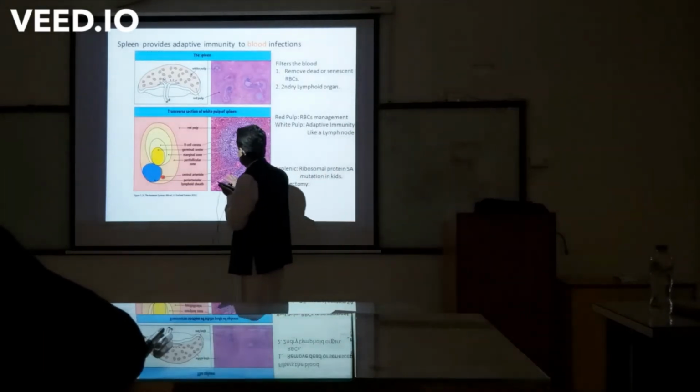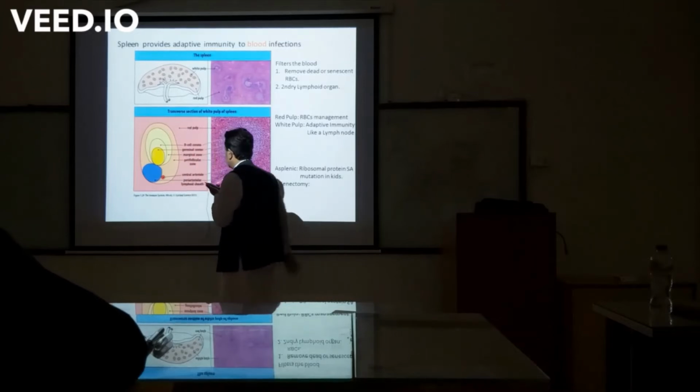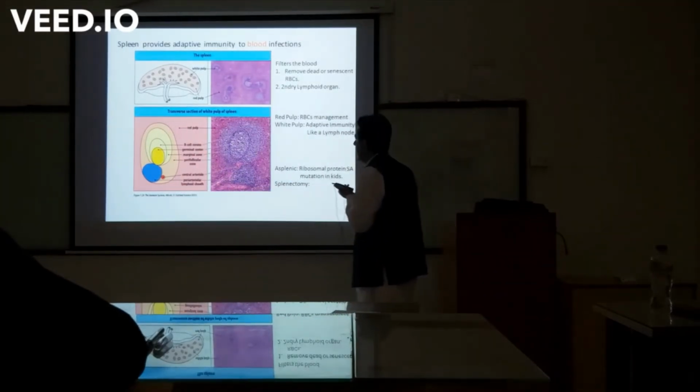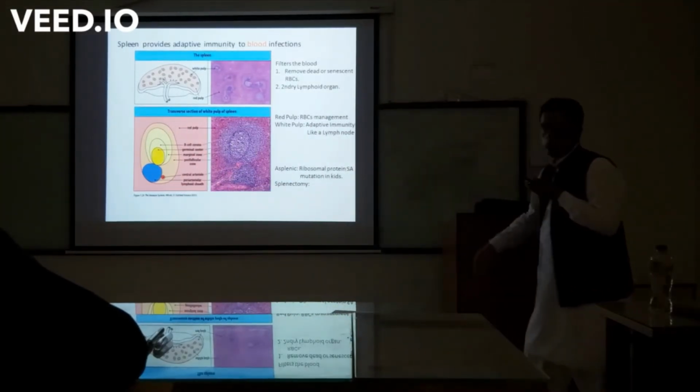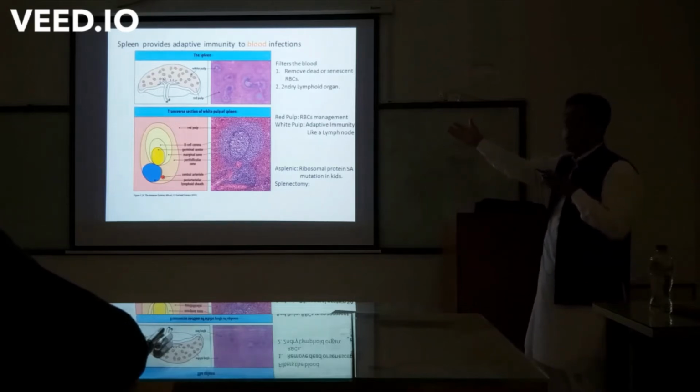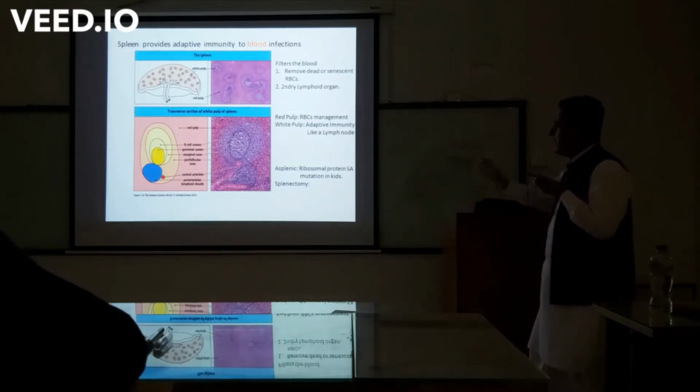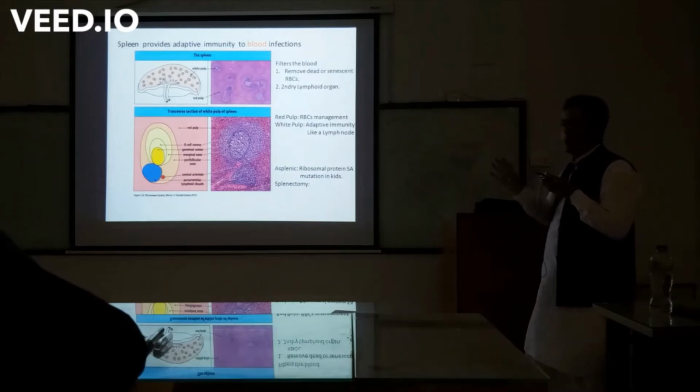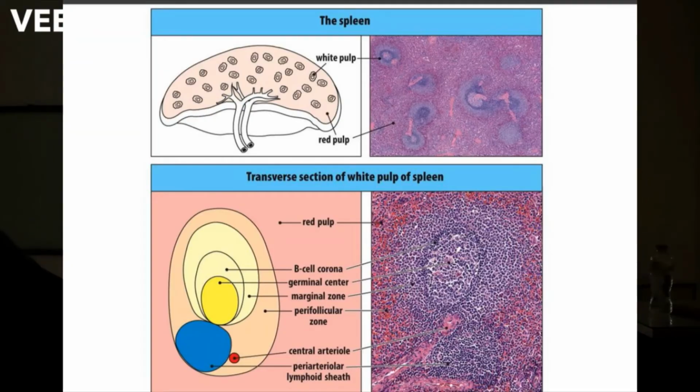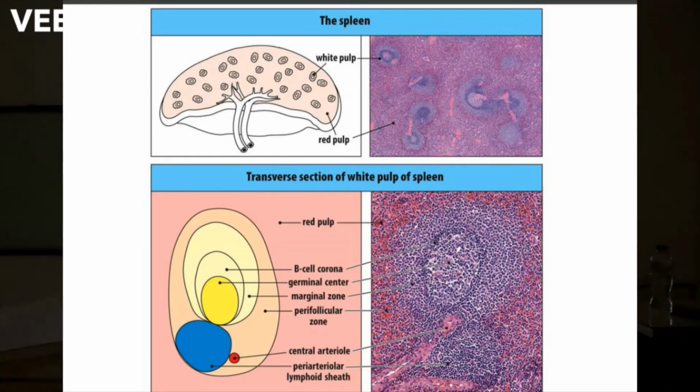Now you can compare this structure or anatomy of the spleen with the lymph node. So essentially, these are the same things. These different zones or centers which you see here, like the B cell area or the T cell area, are the same as you see in the case of lymph nodes.